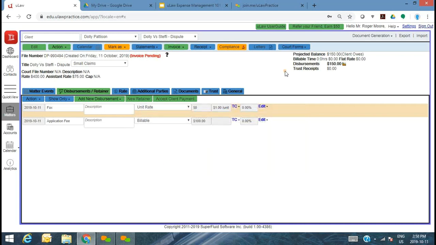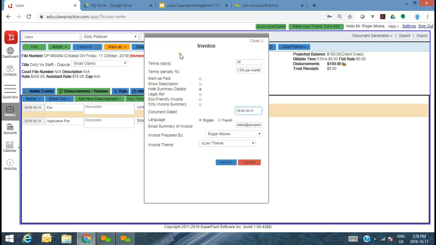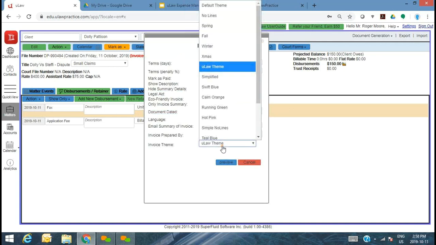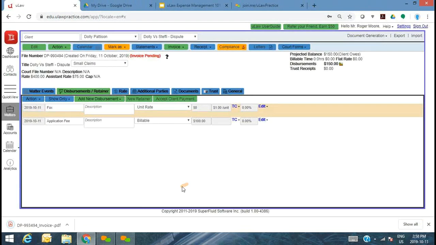And if you look at the steps that we reviewed, the next step really is to recover this expense, and that is done through an invoice. So right here as a shortcut, you have an invoice button. You can generate a pre-bill, and in the preview, you can use various color combinations for beautifying your invoice. But here's an example of a pre-bill.